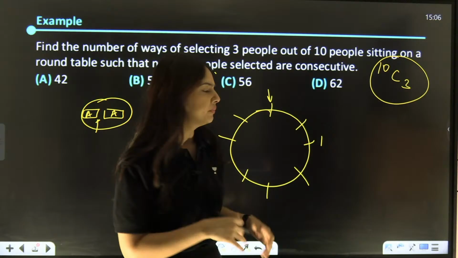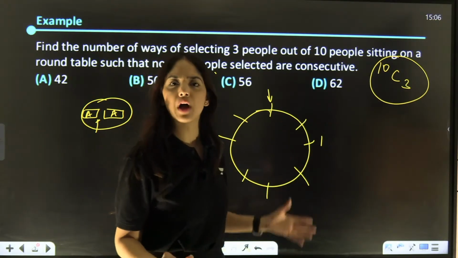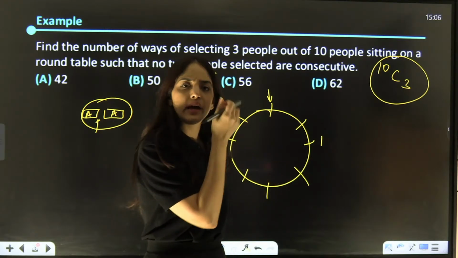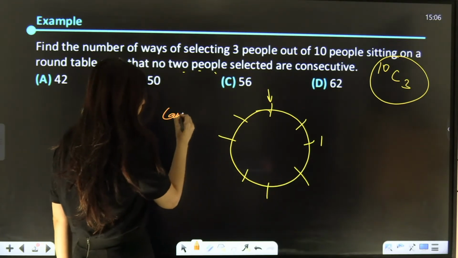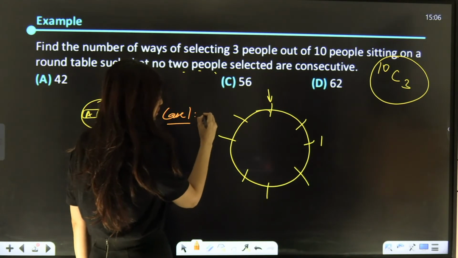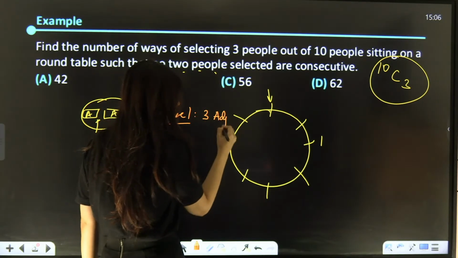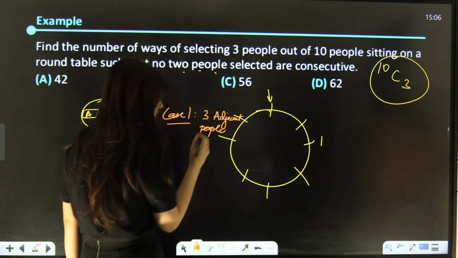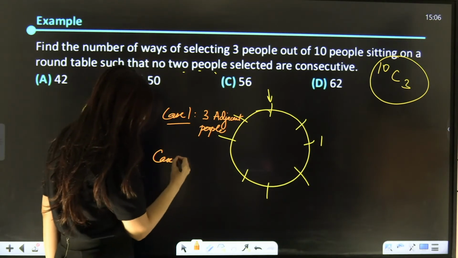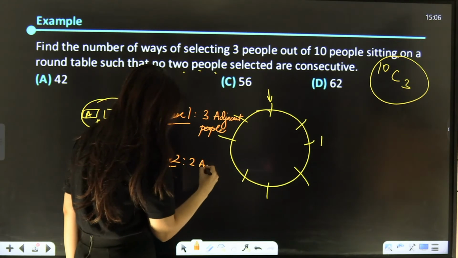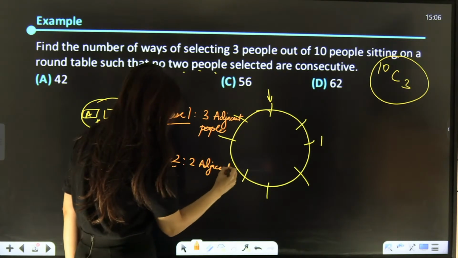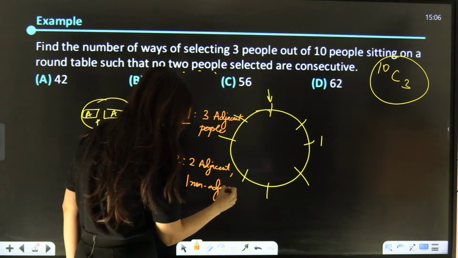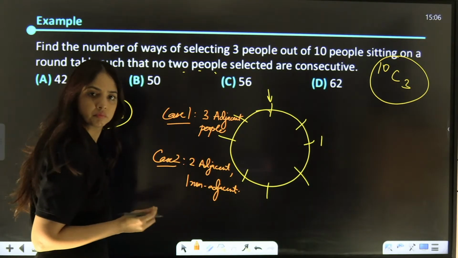Okay. So again, number of ways of counting that. I will do it in this way, that I first check number of ways of selecting 3 adjacent people, and case 2 will be 2 adjacent, 1 non-adjacent, right?